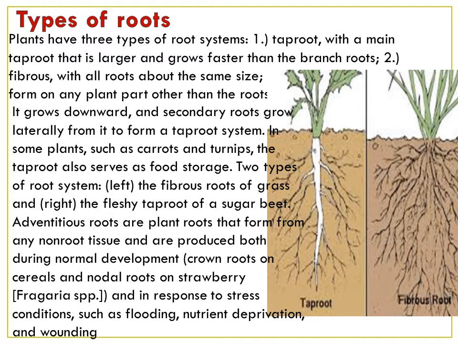They are produced both during normal development, such as crown roots on cereals and nodal roots on the strawberry, and in response to stress conditions such as flooding, nutrient deprivation, and wounding. In a flood, what happens? The roots are damaged completely in the soil.